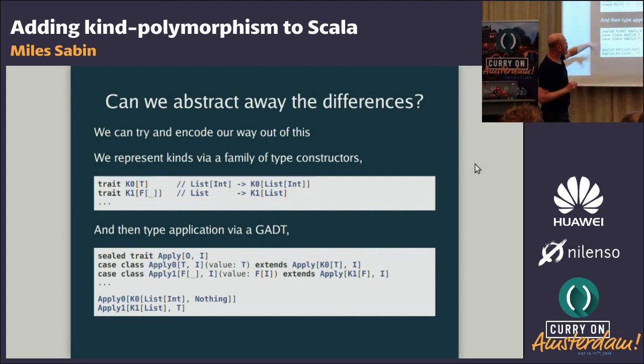So we define a GADT which is going to capture the idea that types of kind star are applied to nothing and types of kind star to star are applied to some type T. And then we can try and work with that.